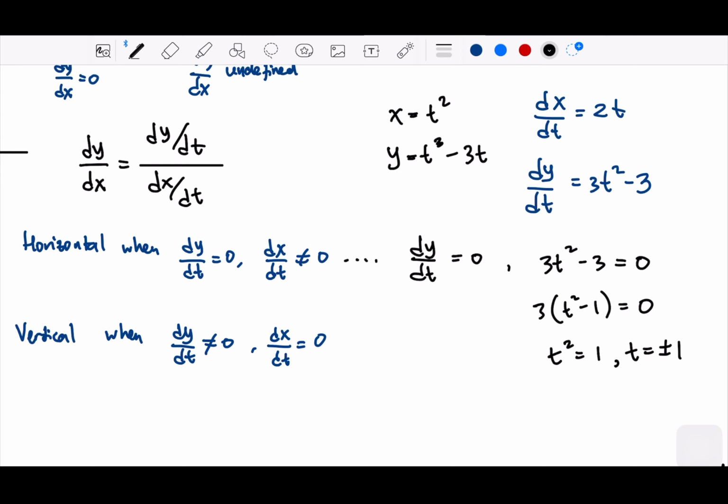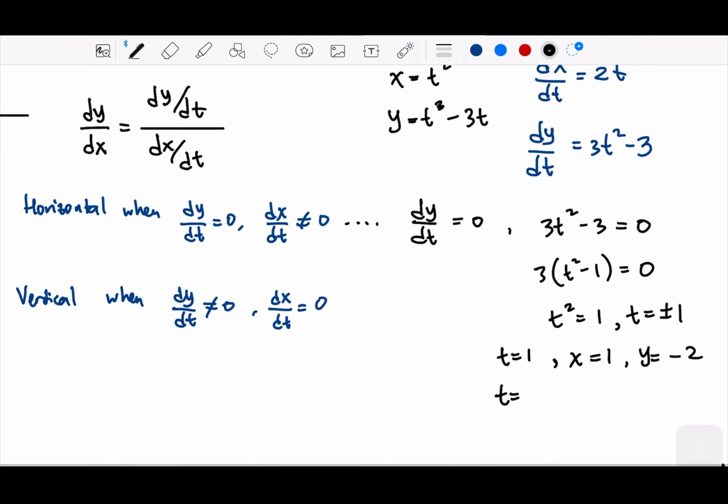But the question needs a point, so we need to plug in t to get the point. When t is plus or minus 1, let me start with t equal to 1. Then x is 1 and y is minus 2.